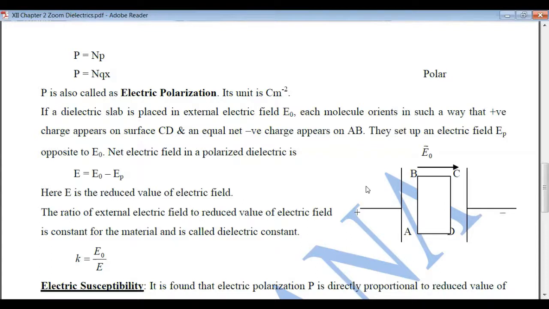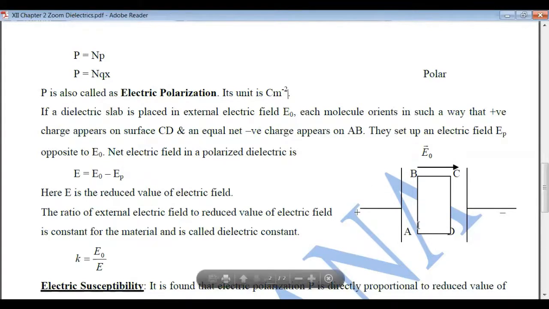Why? Because there are free electrons and these electrons will move in the opposite direction of the external electric field till the electric field created by them becomes equal to the external electric field. So the net electric field inside a conductor is zero.